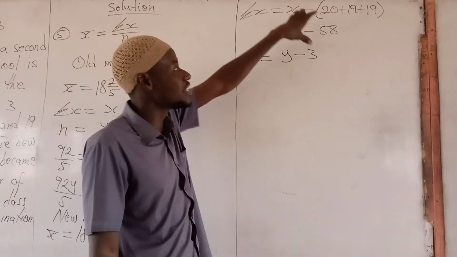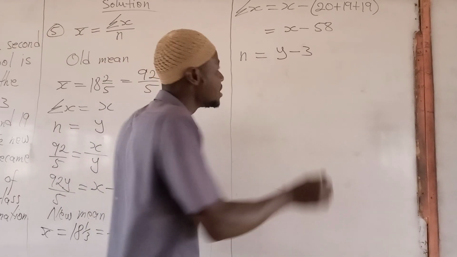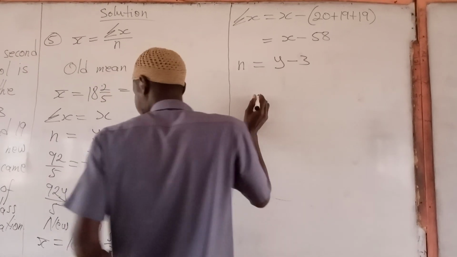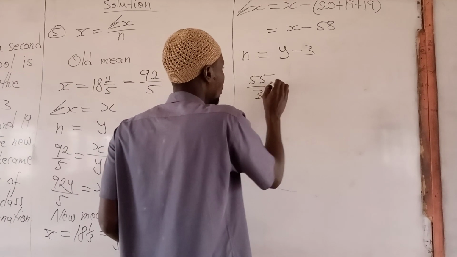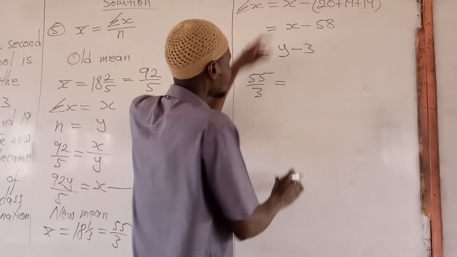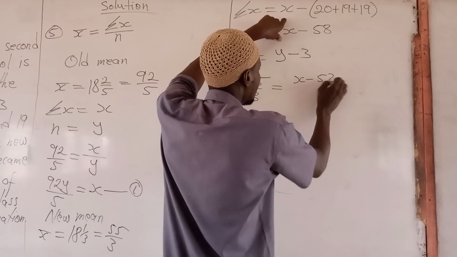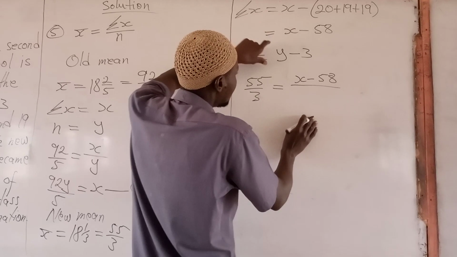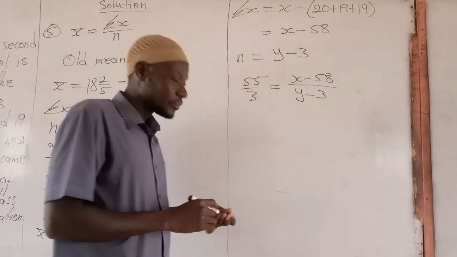Now, substituting this into the formula for finding the mean, our new mean, which is 55 divided by 3, will be equal to the sum of the students, which is x minus 58, divided by the number of students, which is y minus 3.